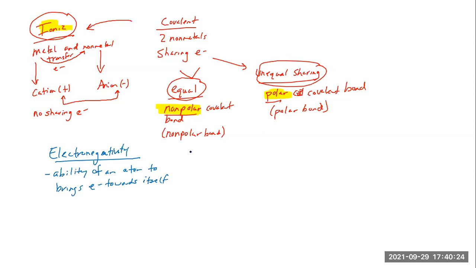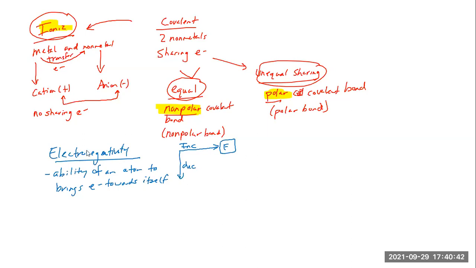In terms of the periodic table, it increases as we go up and to the right on the periodic table, and it decreases as we go down, with fluorine being the most electronegative element that you could have.